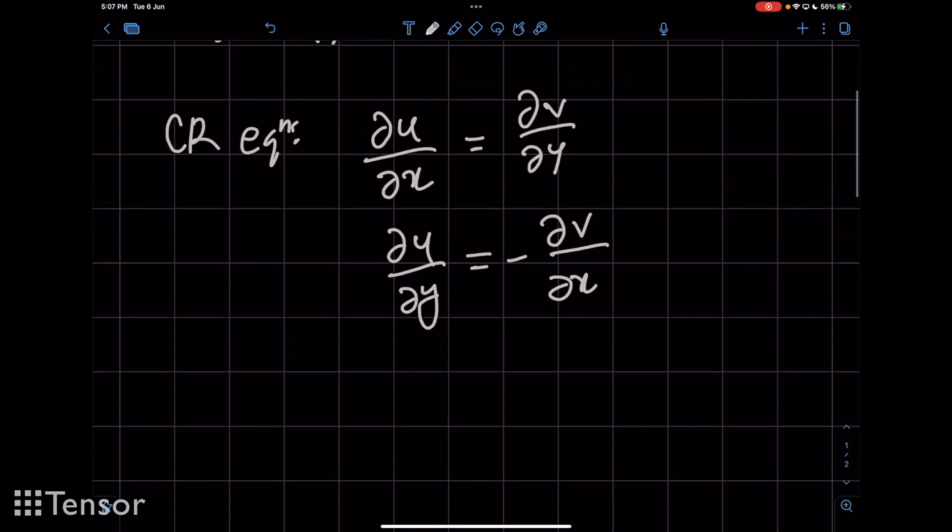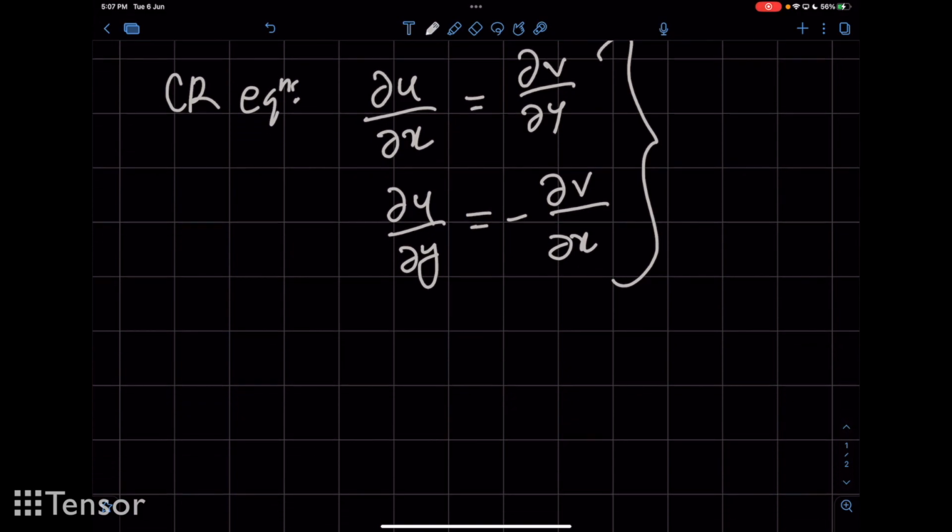So we saw a theorem that a function is differentiable at a point if and only if all the partials exist and are continuous and the Cauchy-Riemann equations are satisfied at that point.